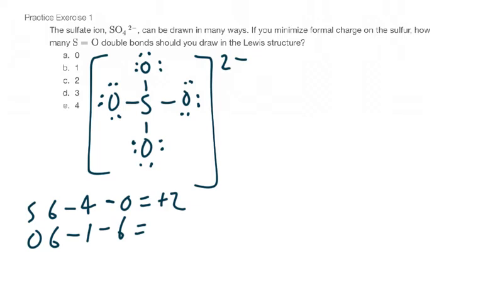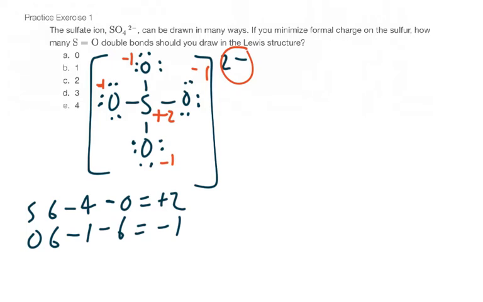So 6 minus 1 is 5, 5 minus 6 is -1. So the sulfur would have a +2 charge, and every oxygen would be at -1. If you tally that up, it does add up to the net charge of -2. You got 4 negatives when you add up the -1s, and the +2 from the sulfur. That does give you a net charge of -2.